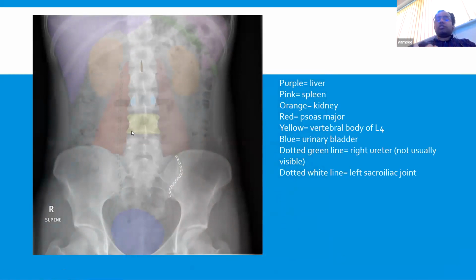You've got your psoas muscle, so if there's a psoas abscess or something like that, you might see it. I think Sanjeev's going to talk about fractures, but if there are typically severe fractures, you can see them in an abdo X-ray as well, something to bear in mind. That's just a rough overview of the basic anatomy. These slides are available, so if people want to go back and look at this in more detail, they can do that.